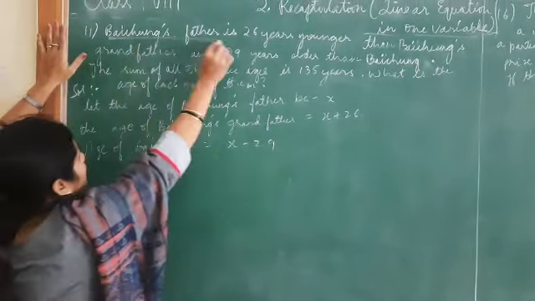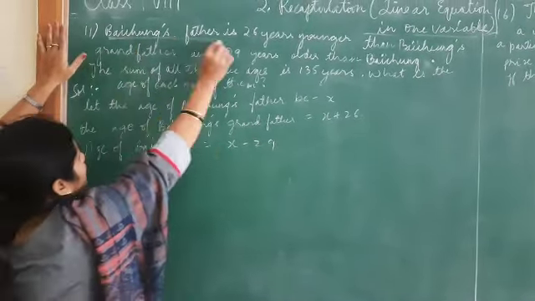So first let us consider in the solution the age of Baichung's father to be x. Baichung's father is the middle person who is connected to both Baichung's grandfather and Baichung. The age of Baichung's grandfather is x plus 26 because the father is 26 years younger than the grandfather.